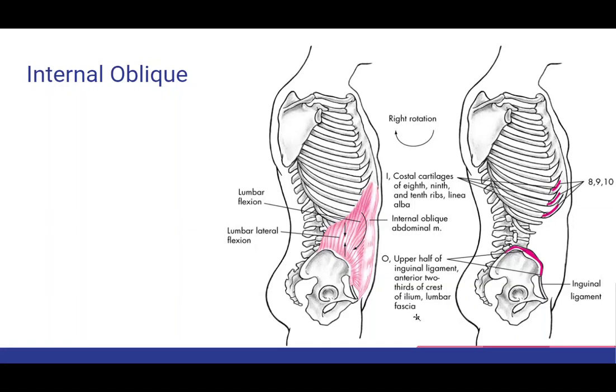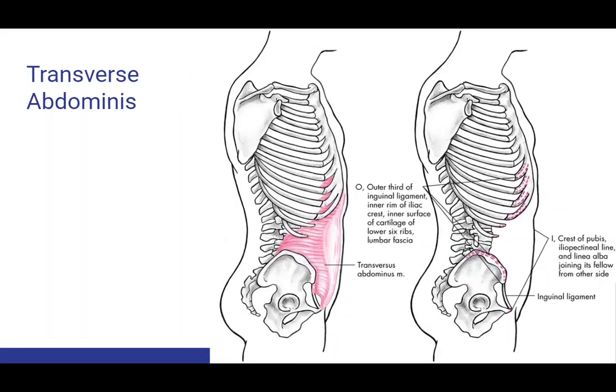And ipsilaterally, they rotate. So the left internal rotates you to the left. And in this case, sorry, this picture is showing right rotation and the right side. So right internal will rotate you to the right. And then deep to that is our transverse abdominis with horizontal fibers, and it helps compress the abdominal cavity.